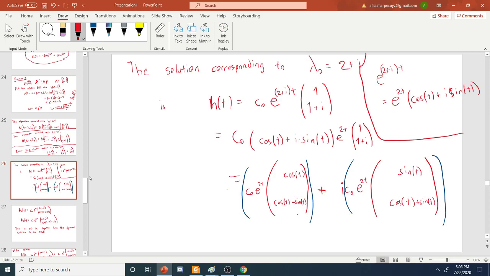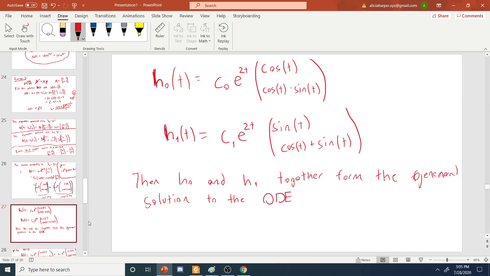And then we say, okay, let's expand the solution in terms of its real component and its imaginary component. And the thing is, both the real component and the imaginary component have to be solutions in their own right. So we get from this two separate solutions, one corresponding to the real, one corresponding to the imaginary. And we wrote them down here.